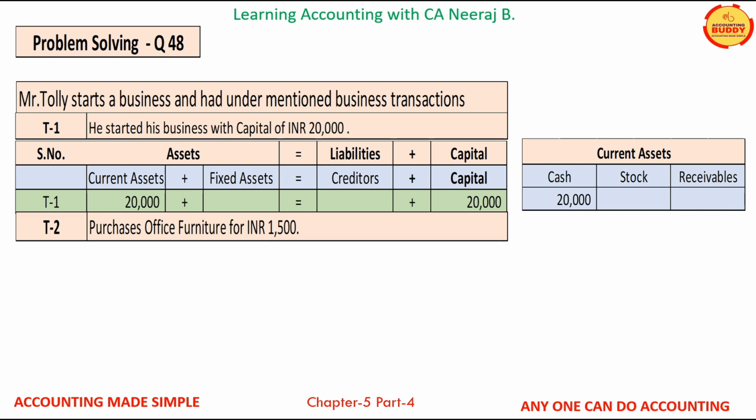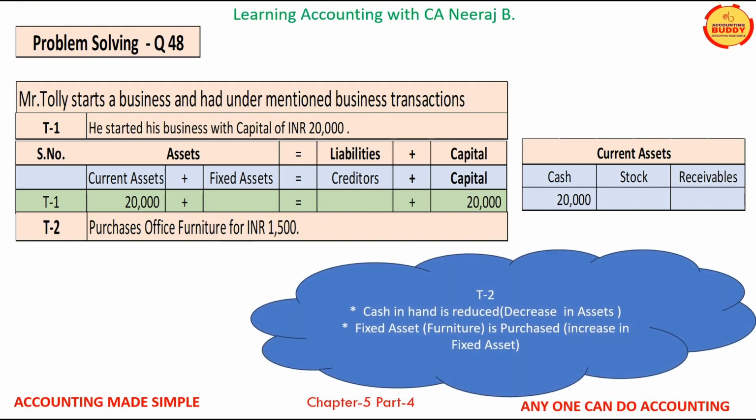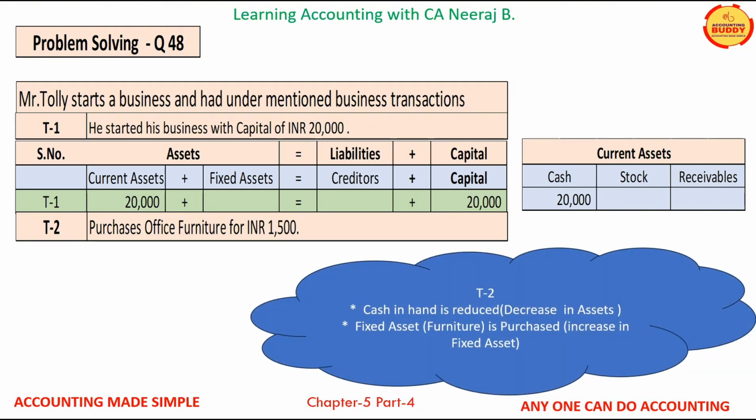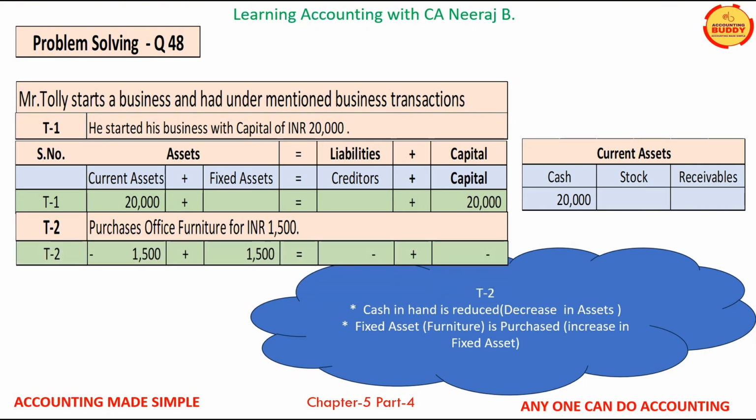Under transaction number T2, Mr. Tolly purchased office furniture for 1,500. Two accounts which are getting affected are, first, assets, as the furniture is purchased, and second, again the assets, as the transaction is settled by cash. Since both the accounts affected are assets, both amounts will appear on the left hand side of the accounting equation.